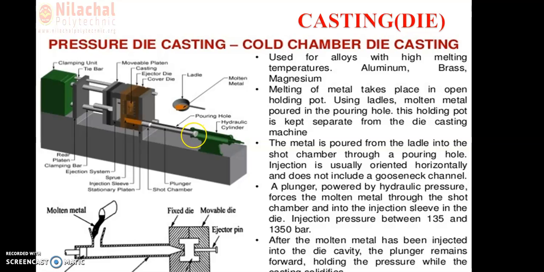For this reason, a cold chamber die casting process has to make use of much higher pressure, from 2 to 2000 kg per centimeter square, than those applied in the hot chamber process. Because the fluidity is lower in comparison to the hot chamber machine, we have to provide more pressure.